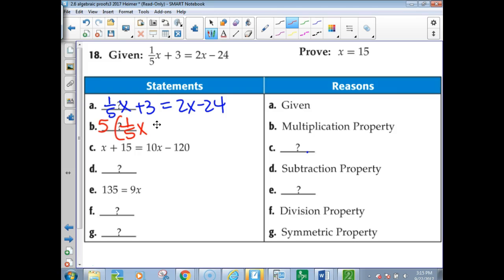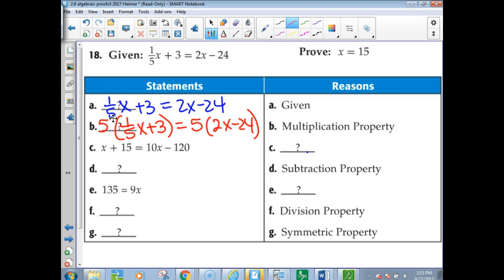So 5 in front of a parenthesis with 1/5 x plus 3 in it, and on the right side I'm going to do the same thing: 5 times 2x minus 24. So by the multiplication property of equality, we can multiply both sides by 5. And when we do that, we're going to distribute the 5.